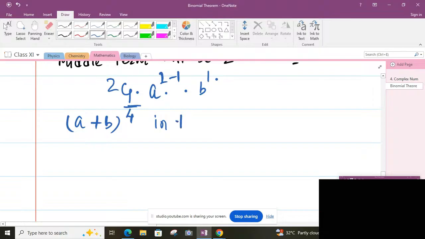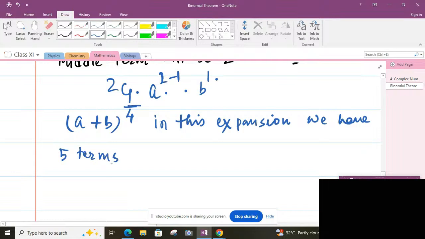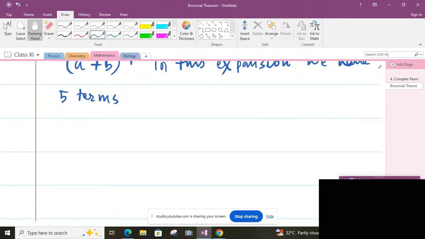So the middle term here will be the third term.